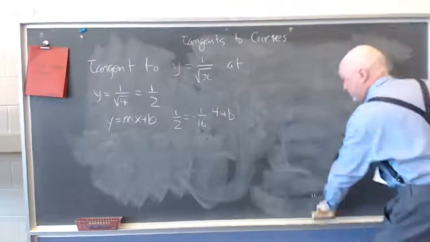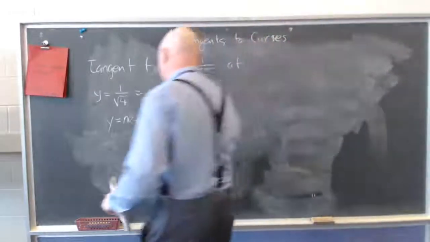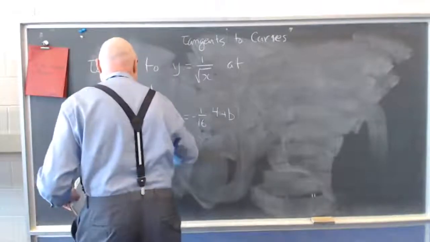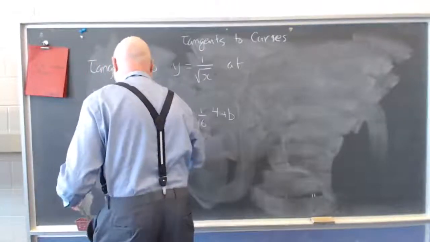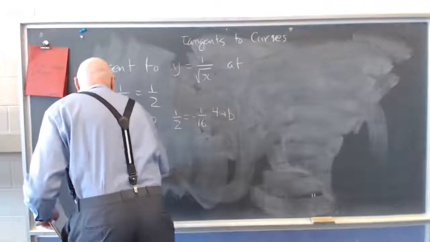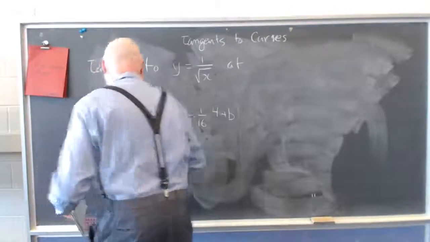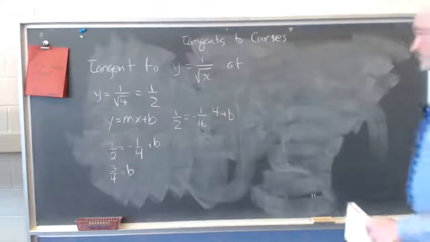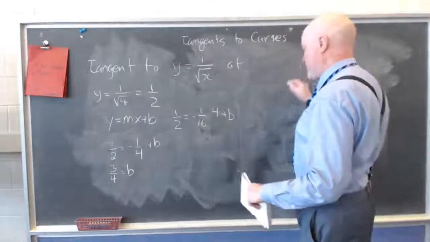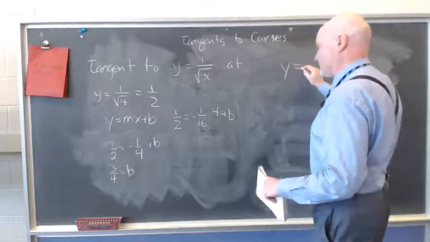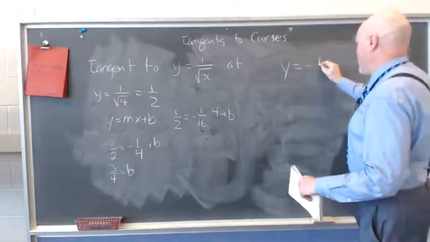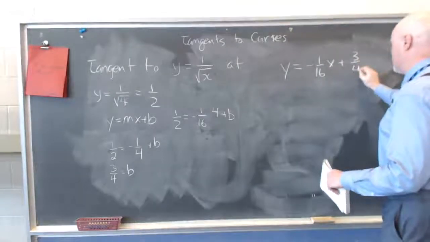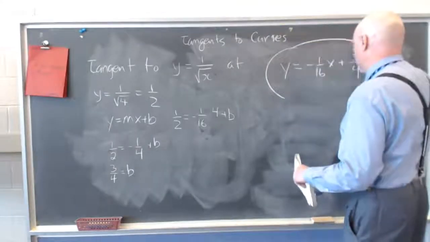We'll be done. And go. So b is equal to 3/4. So we're ready to find the equation of the tangent. It's just y is equal to negative 1/16 x plus 3/4. There's the equation of my tangent.